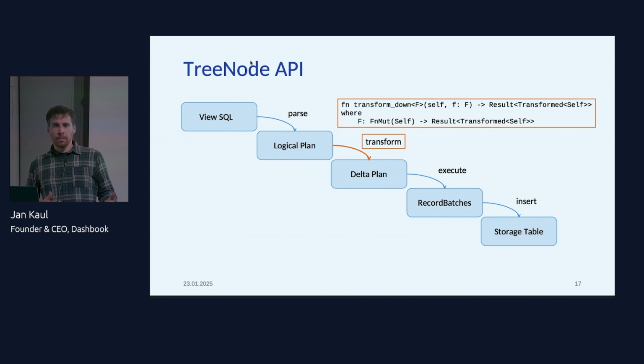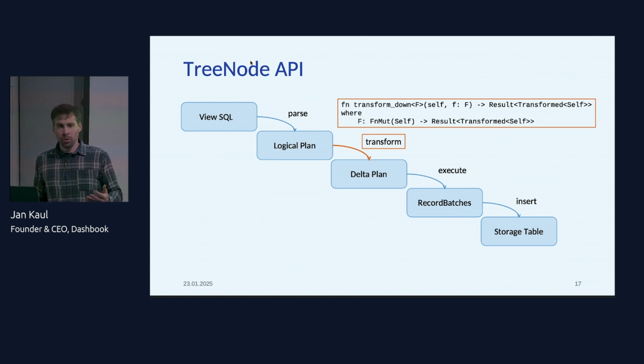And that's where the great API of DataFusion comes into play. You can customize almost everything, and you have all the tools at your disposal to do such things. We can then execute this delta plan and insert the calculated rows into a table, and thereby get the updated results of our materialized view.